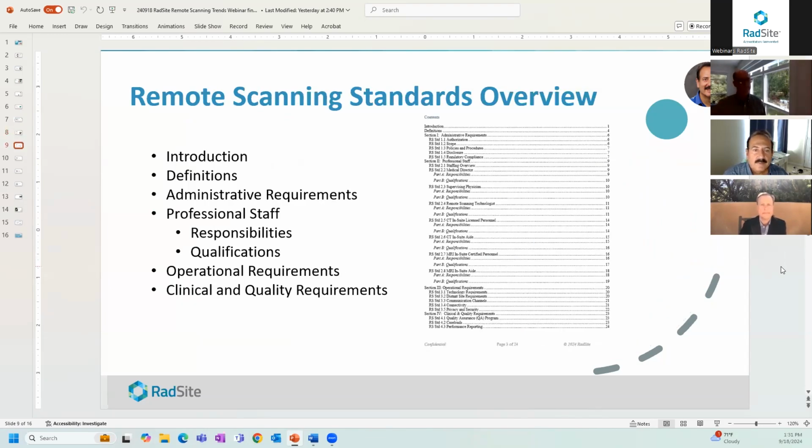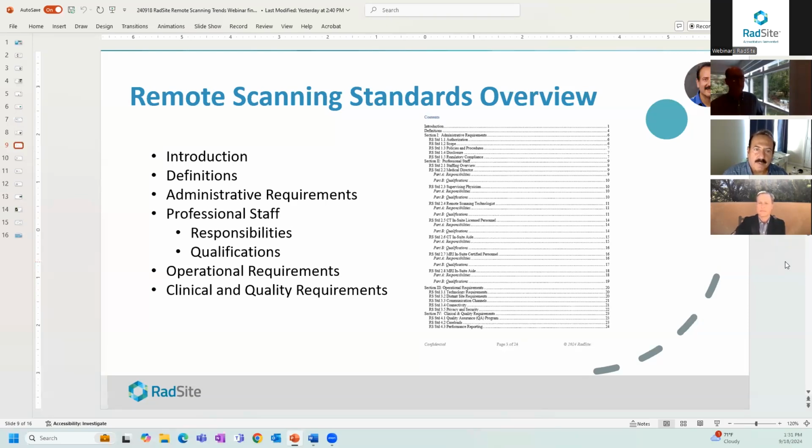And so I think what we want to do is go over, for those of you who have questions, the components of the standards themselves. They include the definition of remote scanning that we talked about a little bit. What are the requirements from an administrative perspective?